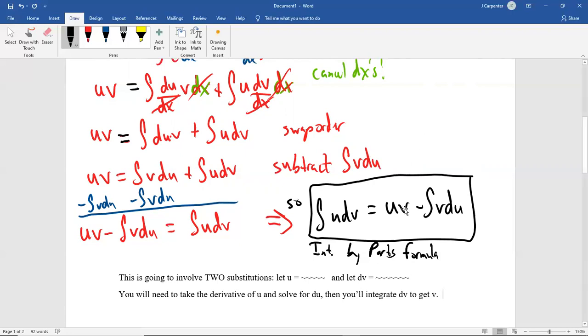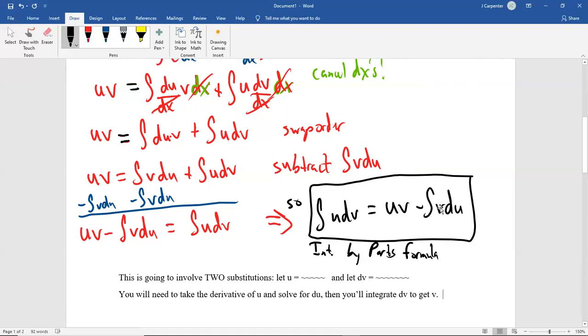The reason it's called integration by parts is this first part is already integrated for you. There's nothing else you'll have to do. You just plug in whatever u is and whatever v is. In the u, you will make the statement, let u be this. The v you'll find after you make your let dv statement and integrate it. But this last part is not automatic.